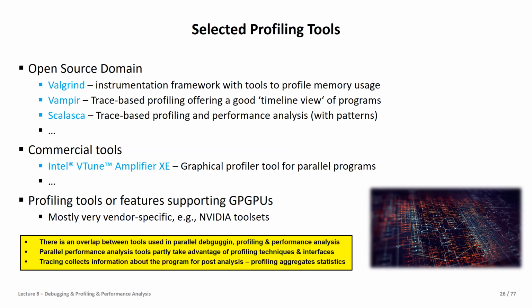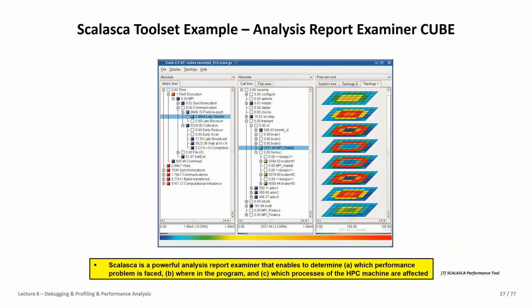As I also said, there are lots of tools in the commercial space available, and also those for GPGPUs. So here's Scalasca as one example, and we will hear a video about this toolset later on. You can see here the metrics we will also run through in the second part of this course as a motivation, and then where in the program you have it and where in the call tree.